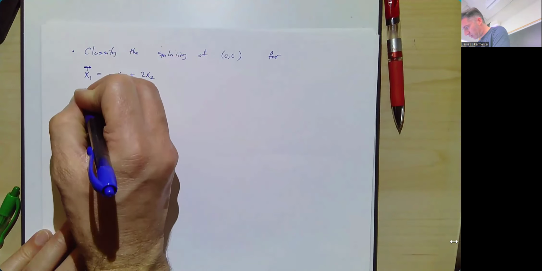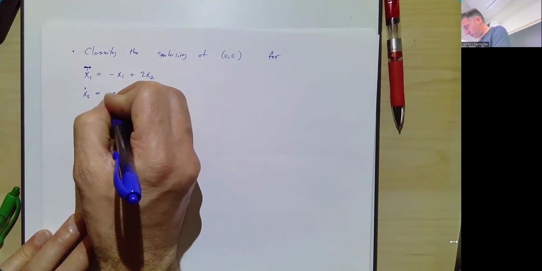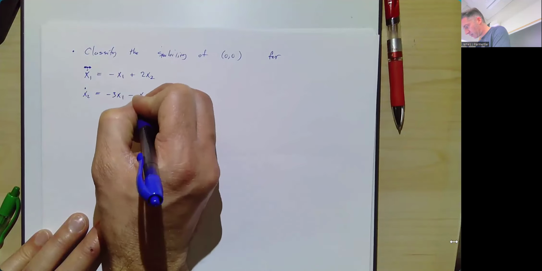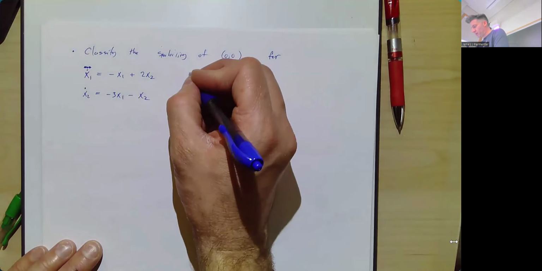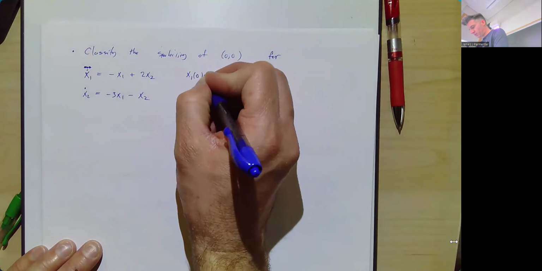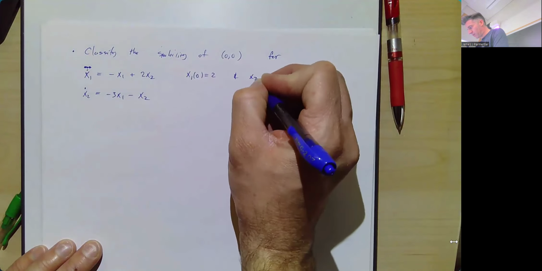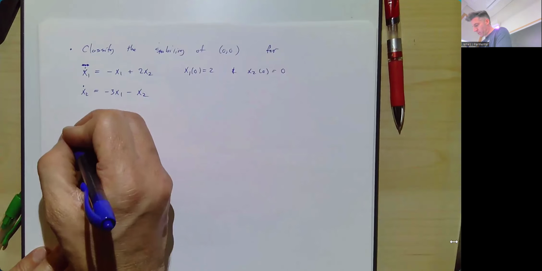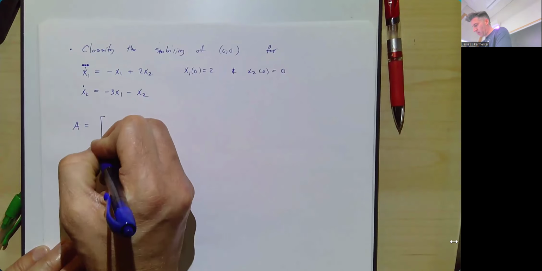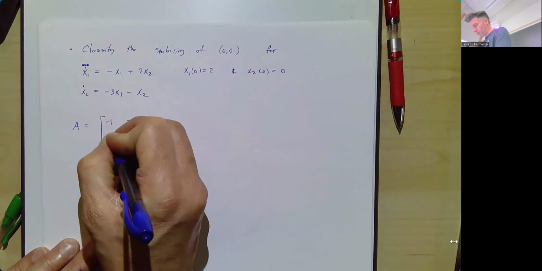And x2 dot equal to negative 3x1 minus x2. And we'll have some initial conditions as well. x1 of 0 is equal to 2, and x2 of 0 is equal to 0. So here's our matrix. A is going to be negative 1, 2, negative 3, negative 1.